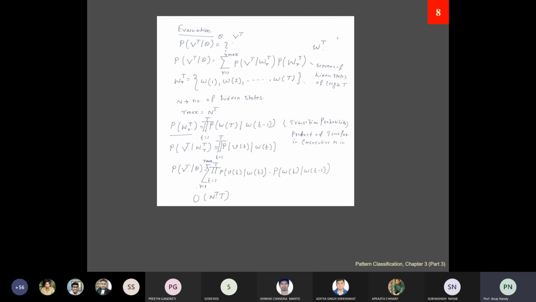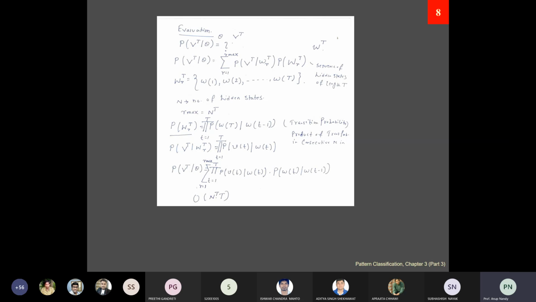Now you have to compute the probability of Vt given W. We have already seen that it is the product for t equal to 1 to T of the probability of Vt given Wt, and then there is a summation and a product.